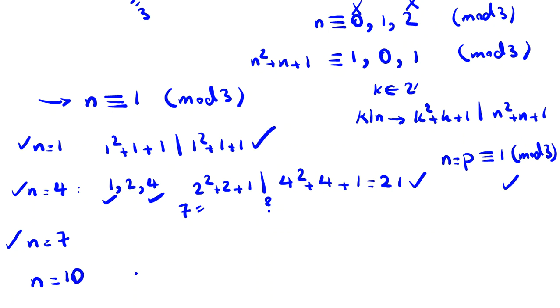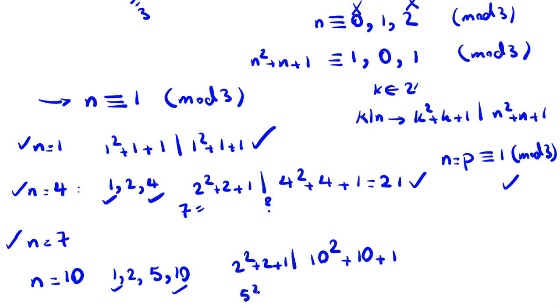Let's check 10. The divisors are 1, 2, 5, 10. For 1 and 10 we know it's okay. For 2 and 5, we check whether 2 squared plus 2 plus 1 divides 10 squared plus 10 plus 1, and 5 squared plus 5 plus 1. 10 squared plus 10 plus 1 is 111. 2 squared plus 2 plus 1 is 7, and 5 squared plus 5 plus 1 is 31. 111 is 3 times 37, not a multiple of 7.